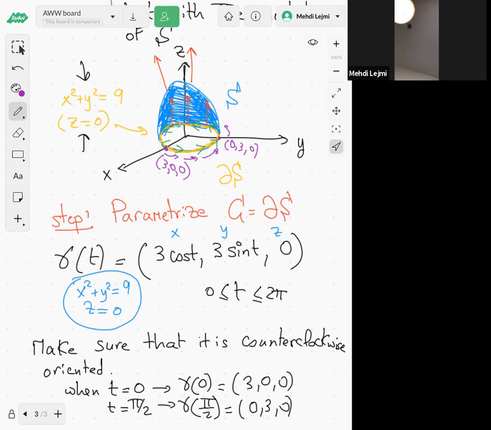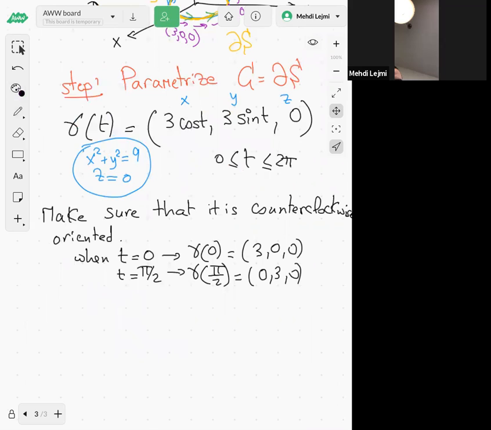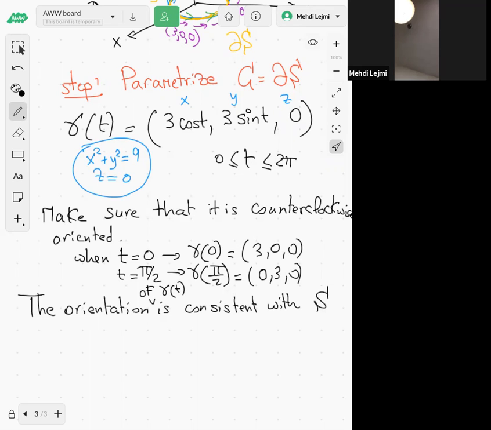So the parameterization yields the orientation desired for the boundary. The orientation of gamma is consistent with the orientation of the surface S.